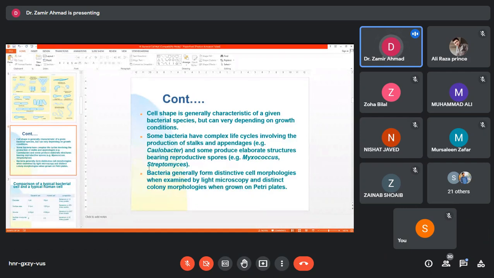Bacteria show these morphologies when examined by light microscope, and they also show distinct colony morphology when grown on petri dishes. A petri dish is a dish used for culture of bacteria in the laboratory.